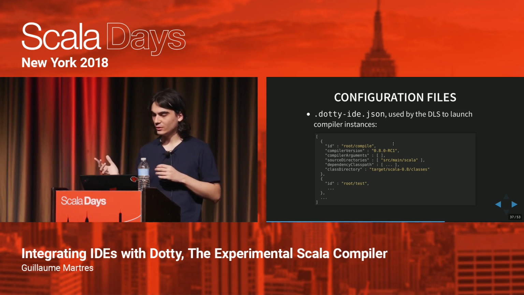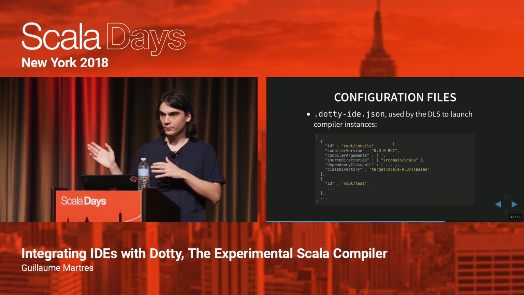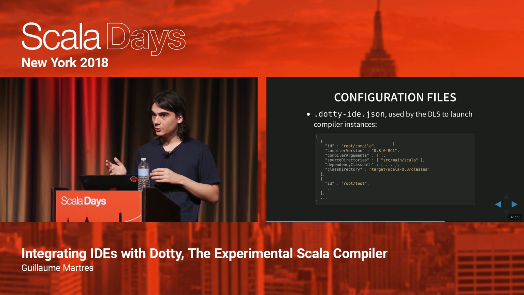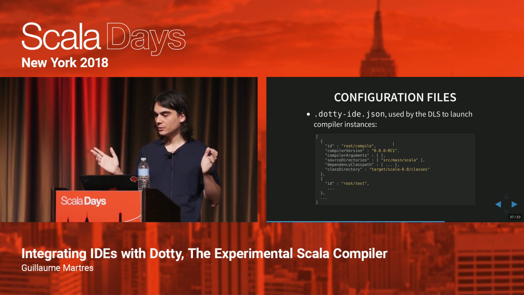So what if instead of querying the compiler using plugins to generate files and then reading these files later on, we could just have some kind of protocol to interactively ask the build tool, hey, can you give me all your projects, which are Dotty projects, which correspond to these source directories? And that's what the build server protocol is about.